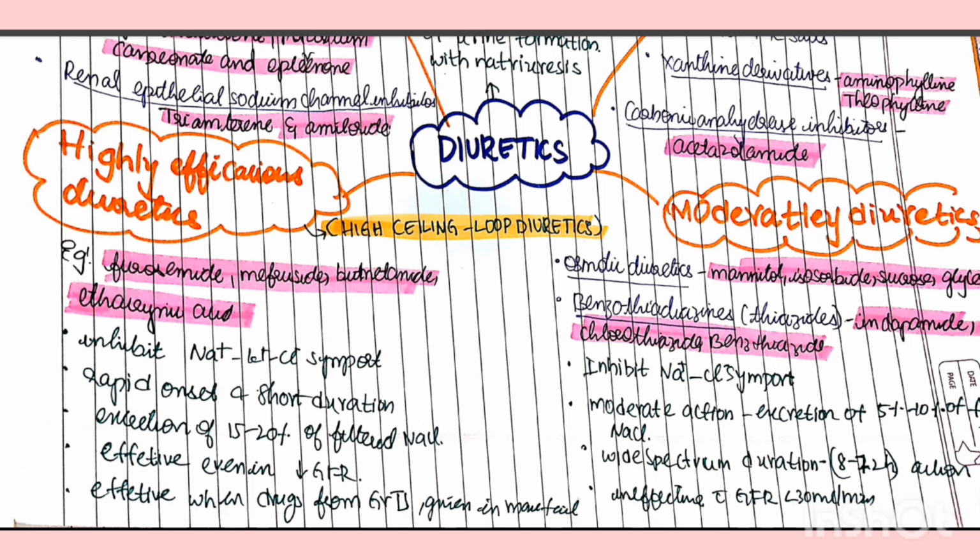Moderate diuretics have efficacy a bit less than high diuretics, but the duration of action is longer. Here 15 to 20% of filtered NaCl is released, and there 5 to 10%. It is effective even in mildly decreased GFR, whereas moderate diuretics are ineffective if GFR is 30 ml per minute.